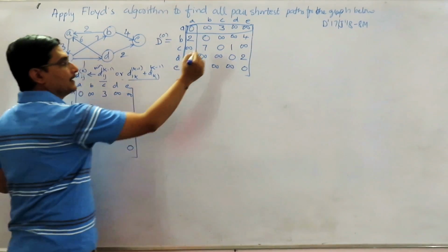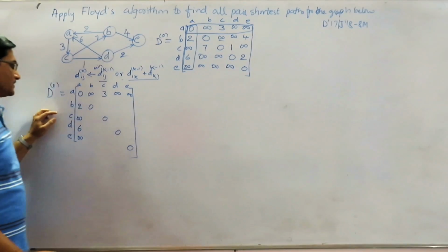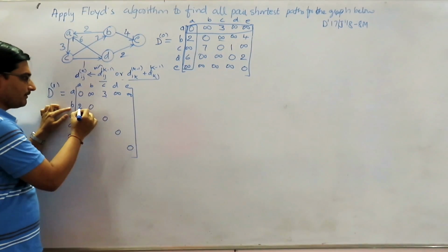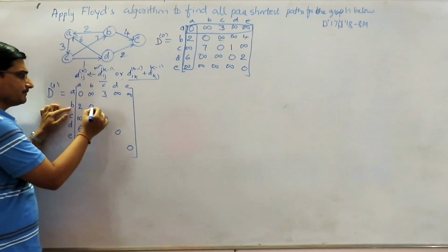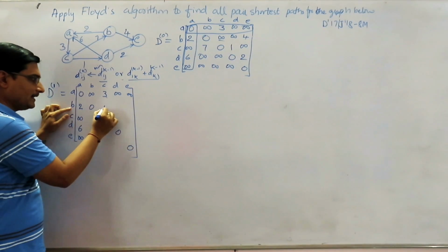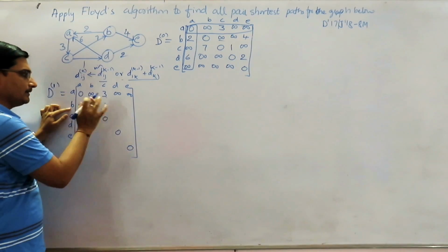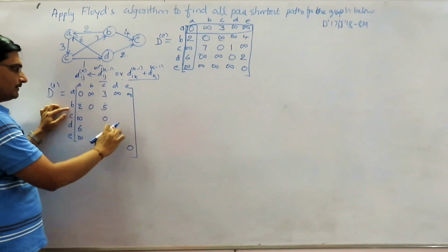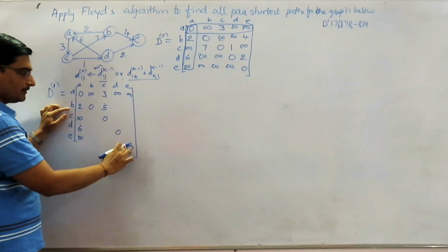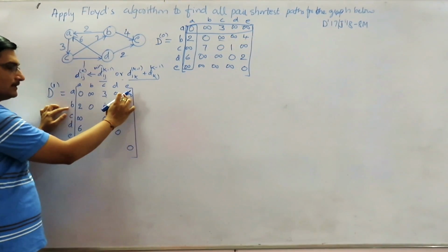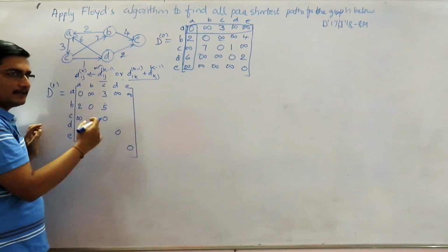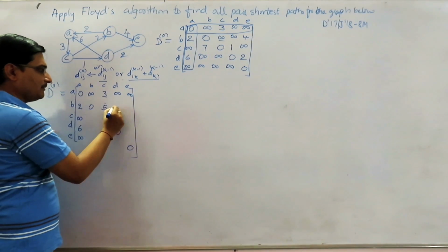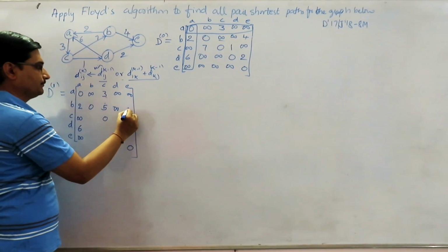We are considering the second row, third column, and 2 plus 3 is 5. 5 is less than infinity, so we will update it by 5. And this is infinity, so it will not change. This column is not going to change because these two entries are infinity. Infinity plus anything is infinity, which is a greater value. So we need to consider the minimum value. It is not going to change.